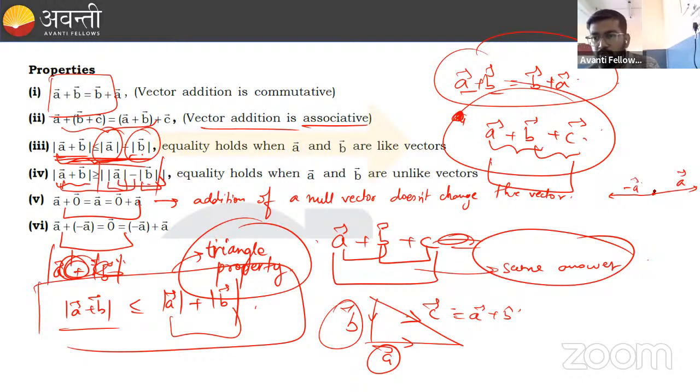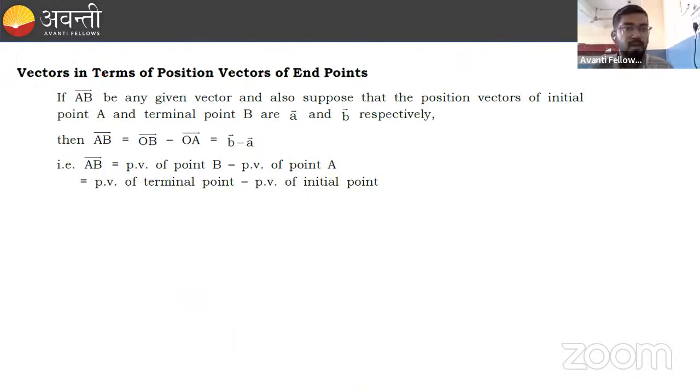When you add these two vectors, you reach this point, right? You first go in this direction, and then you come back in this direction for minus a bar. So the initial point and the terminal point are the same. Hence a bar plus minus a bar gives us the null vector.